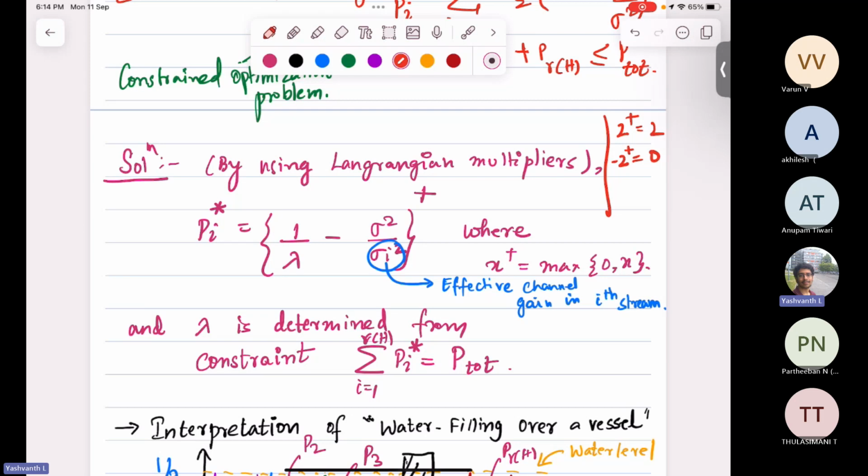What I'm trying to say is whenever the number is a positive number, the output of this operator is the number itself. But whenever the input number to this operator plus is a negative number, the output is 0. So this particular operation is captured by plus. The reason is power cannot be negative. Power should always be a non-negative number. It can be 0, but it cannot be less than 0. That is the reason we include this plus operator.